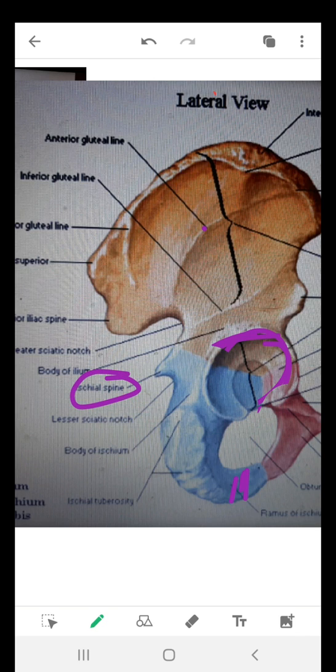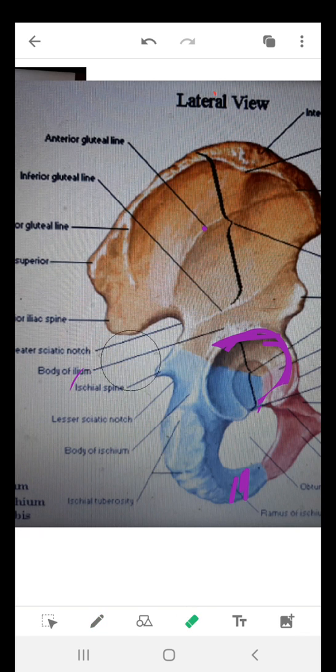Remember when I was talking about the lesser sciatic notch? The lesser sciatic notch is located on the ischium, while the greater sciatic notch is located between the ilium and the ischial spine. So we can say that the ischial spine, located at the ischium, forms the lower border of the greater sciatic notch.